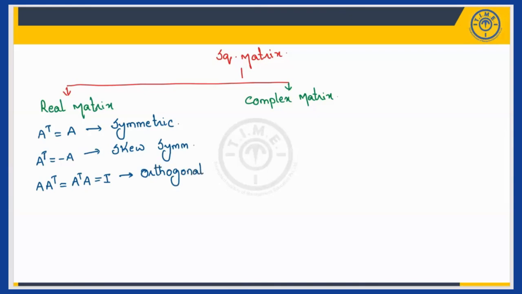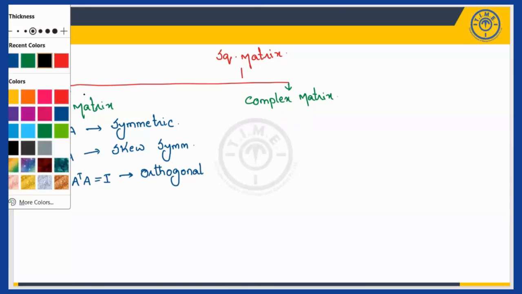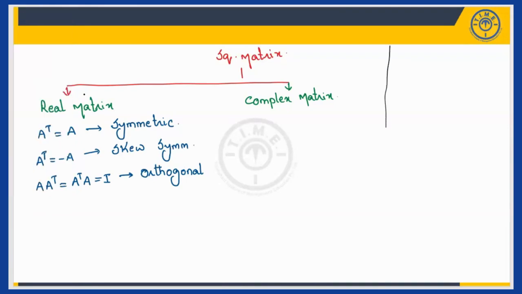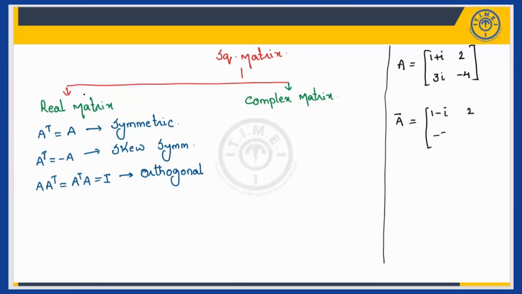Okay. And in the same way, when it comes to complex matrices, say I have a matrix A as [1 plus i, 2; 3i, minus 4]. Let us say this is a complex matrix. Now, if I replace all the elements with their conjugates, that is 1 minus i, 2, negative 3i, and negative 4, this matrix we'll call the conjugate matrix.